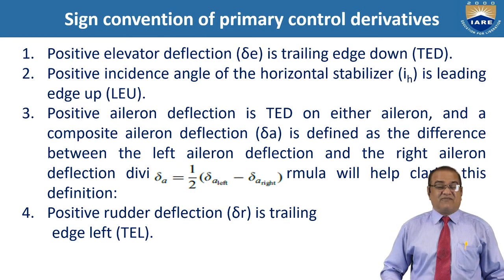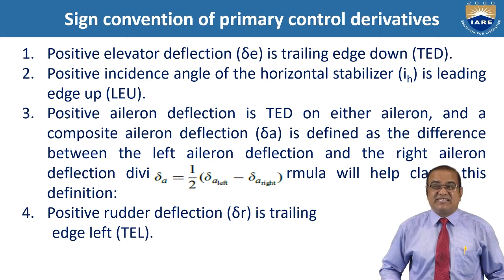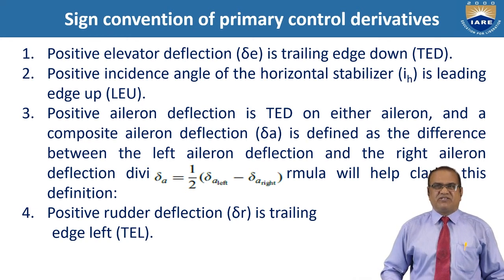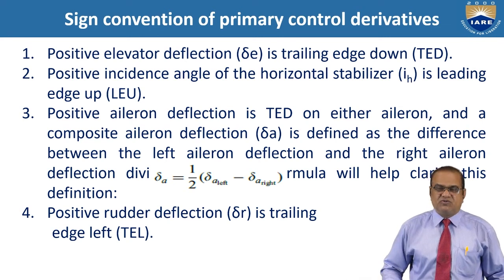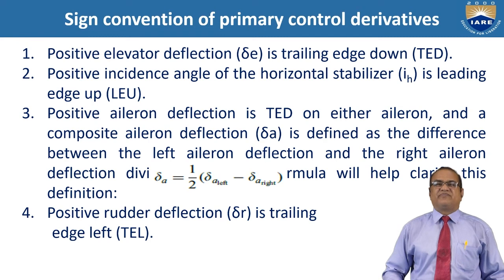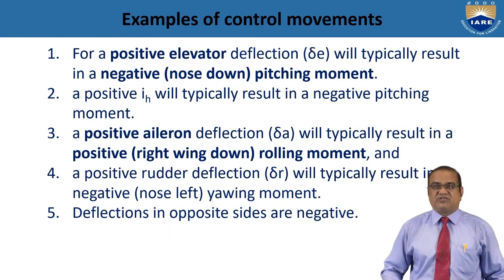And sign convention also. If the trailing edge is going down, it is positive. If the incidence, the leading edge, is going upward, that is called leading edge upward, it is positive. And for the aileron, delta A should be positive, and for TEL, trailing edge left, it is positive.